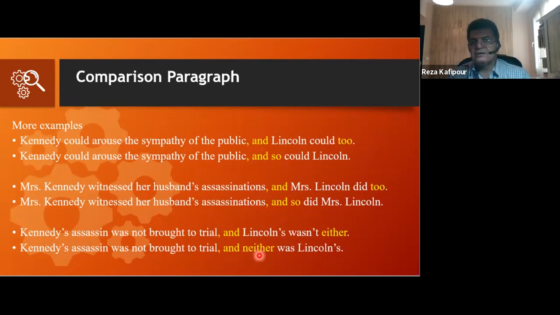So after and neither, we have here a positive auxiliary verb because neither itself is negative, so no need to write wasn't, was Lincoln. Lincoln again refers to Lincoln's assassin, that assassin omitted based on the parallel word.